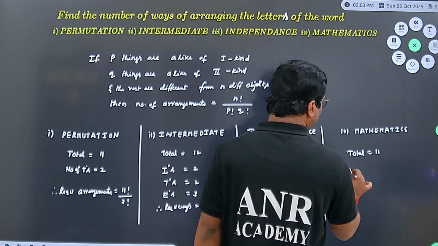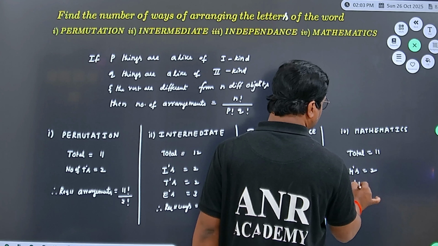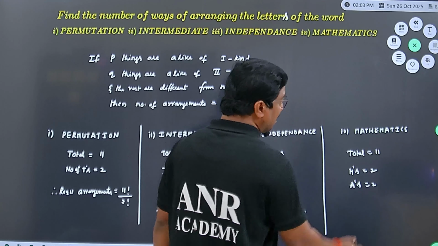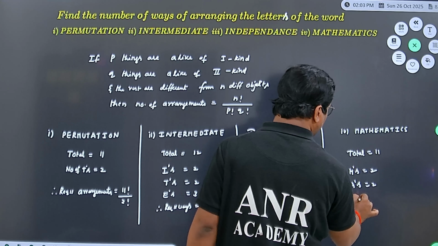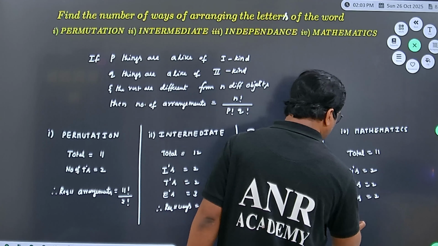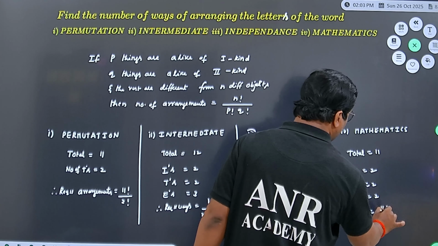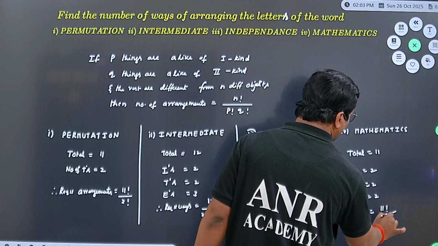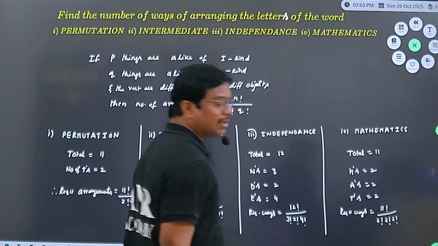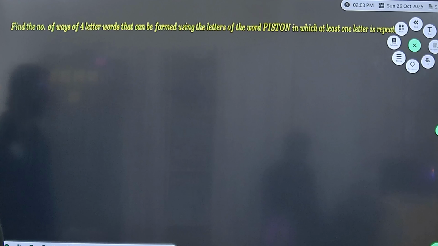Observe: number of M's is 2, number of A's is also 2, number of T's, T is repeated twice. So the required ways I can write as 11 factorial by 2 factorial, 2 factorial, 2 factorial. That is your answer. Let us move to the next one.